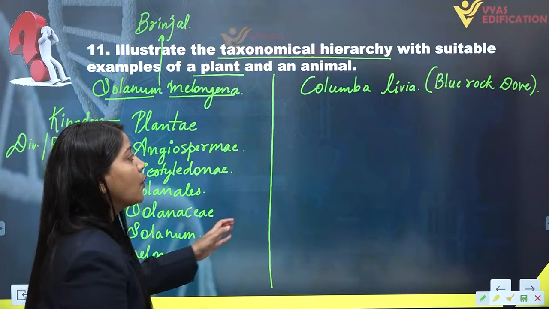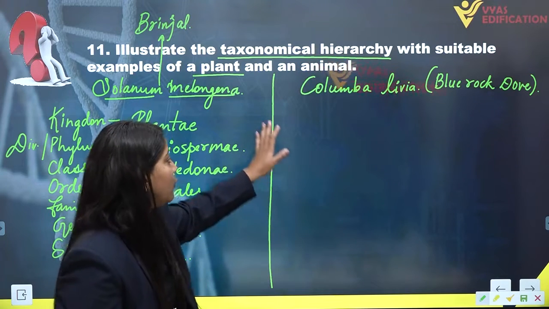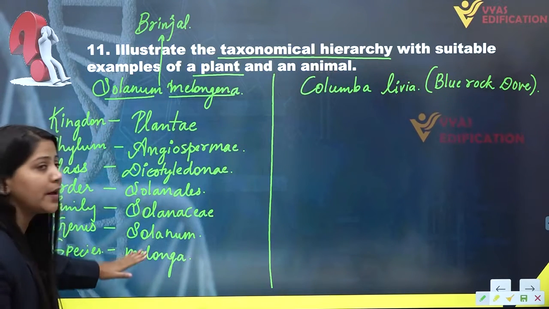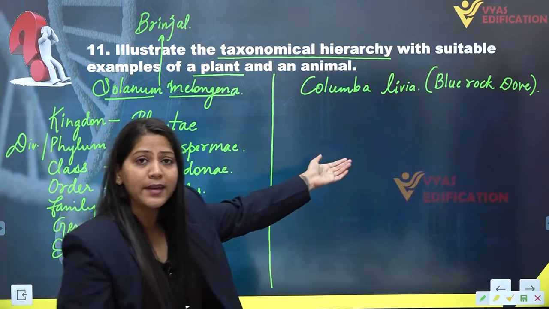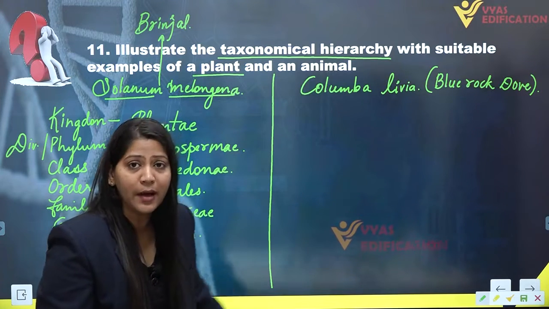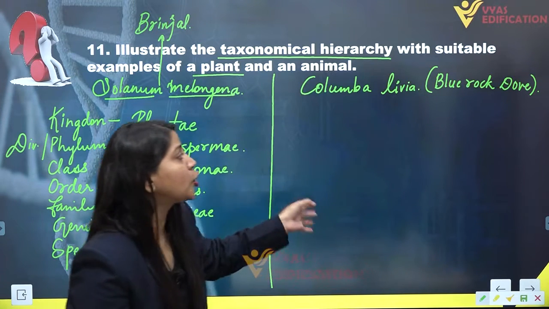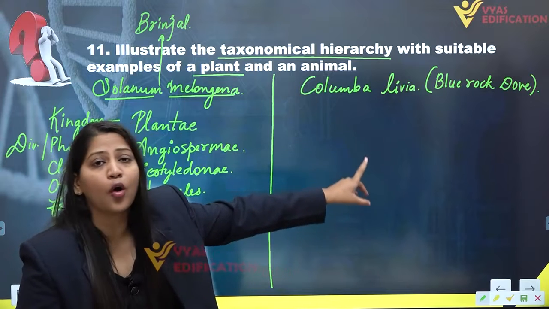Now, in the case of animals, we will write all these taxonomical ranks for a particular organism, Columba livia, which is a bird, and the common name for this is blue rock dove.